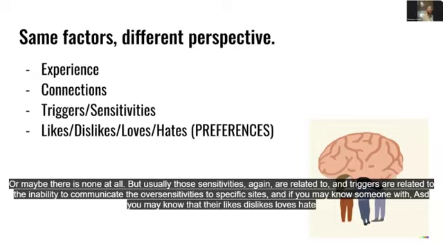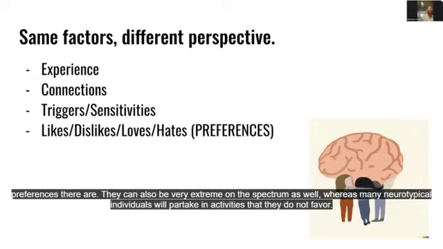But usually those sensitivities and triggers are related to the inability to communicate and oversensitivities to specific stimuli. And if you know someone with ASD, you may know that their likes, dislikes, loves, hates, and preferences can also be very extreme on the spectrum.